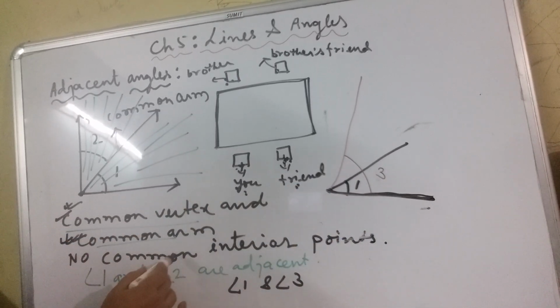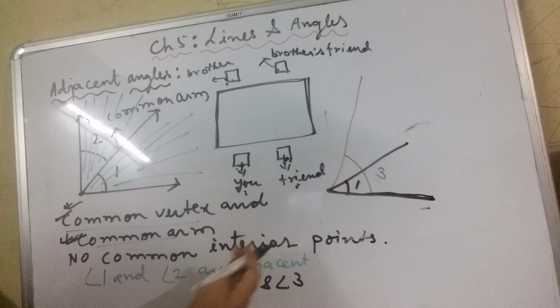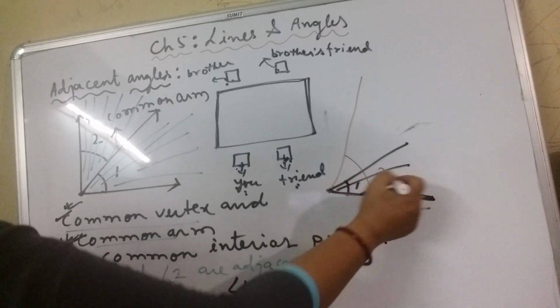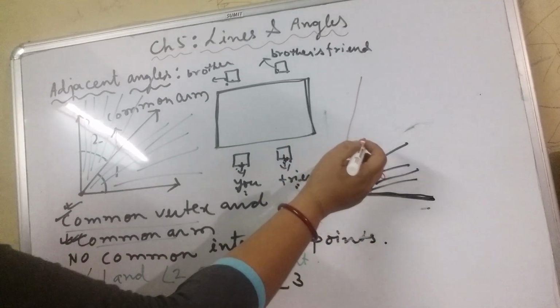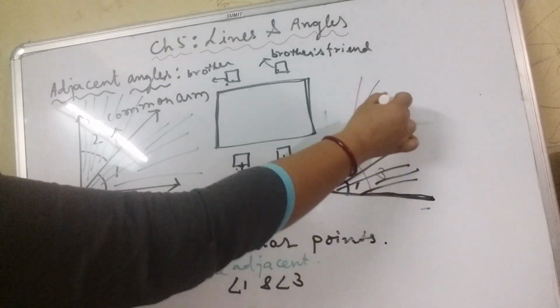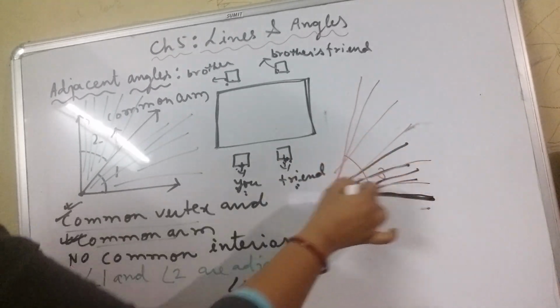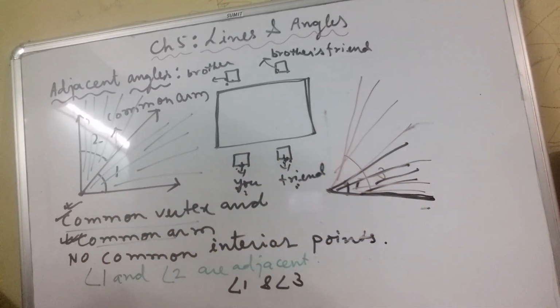Now the common interior points: the interior points of angle 1 are this, and the interior points of angle 3 are this. So can angle 1 and angle 3 be adjacent?